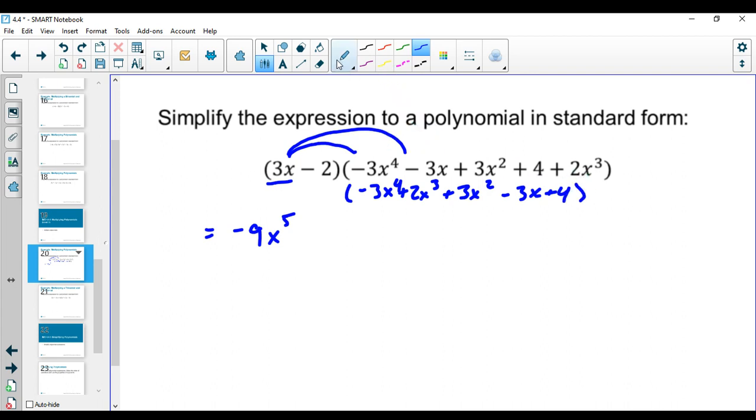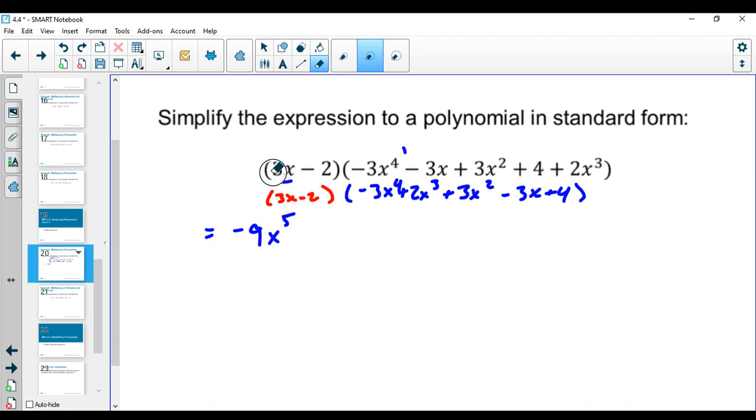So I'm actually going to look down here. So if I do 3x minus 2 there, so then I'll be doing 3x times, so I did 3x times that one.